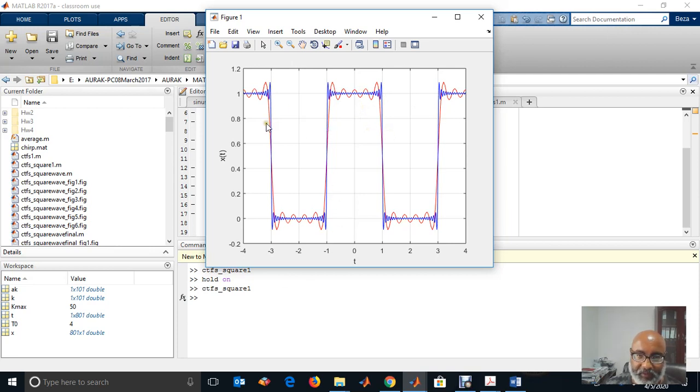So in this way, we understand that as we increase the number of K's, we will be closer to the accurate value of x(t). So you can do this exercise for the other values of K max.